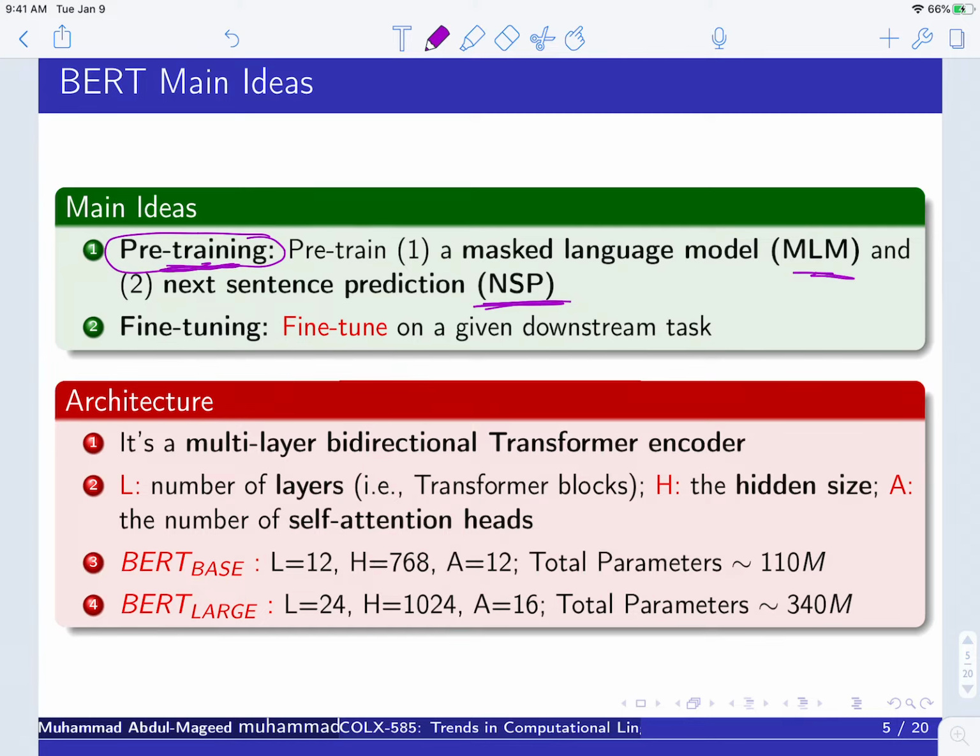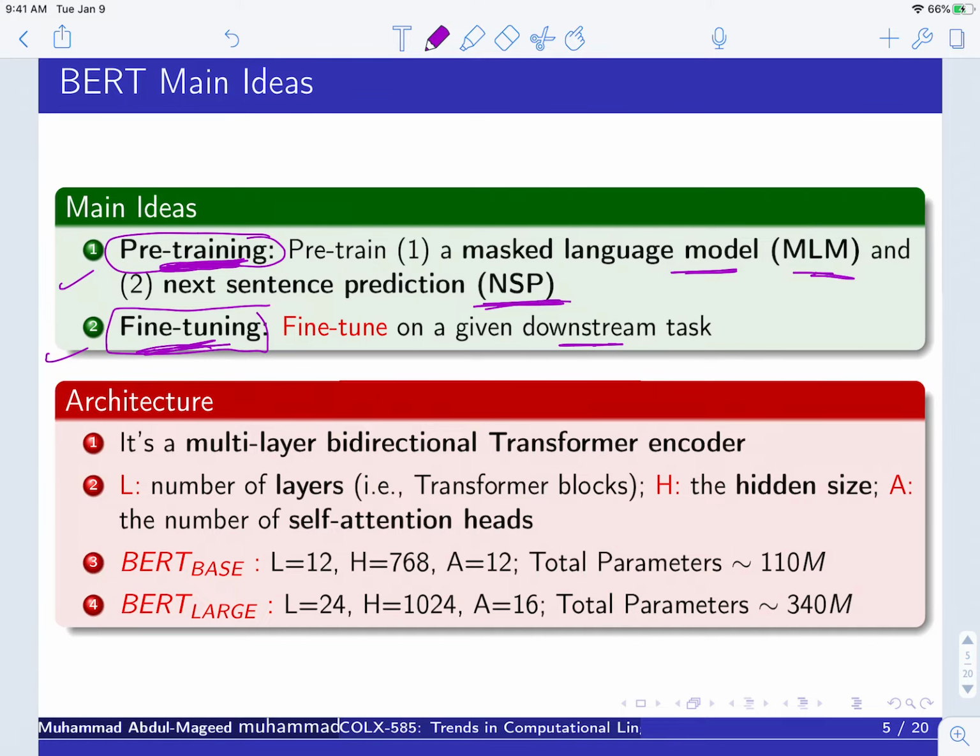We pre-train it on two tasks, this task and this task. We can then fine-tune it on a downstream task, and I'll show you what this means and how we fine-tune it. So we pre-train and then we fine-tune.